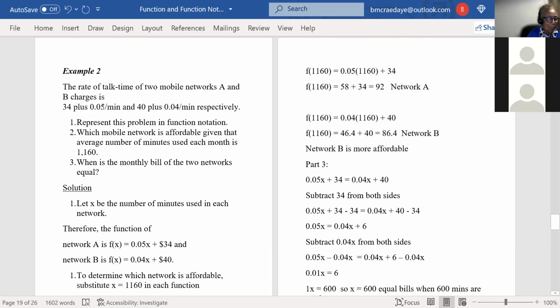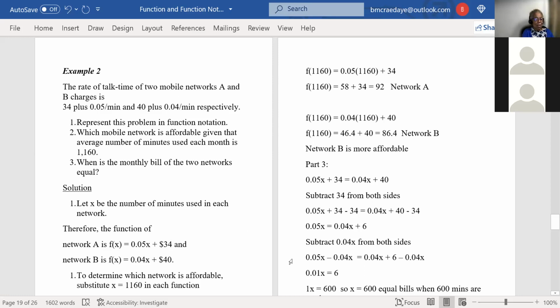The variable is 5 cents a minute for network A and 4 cents a minute for network B. The constant, that's a fixed charge of 40 for network B and 34 for network A. So to write it as a function, this is really still our Y equal MX plus B.